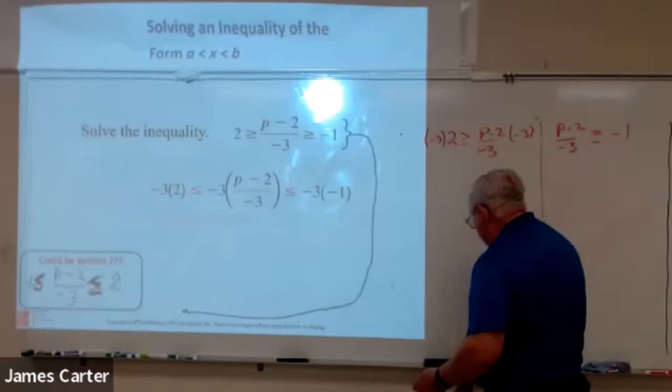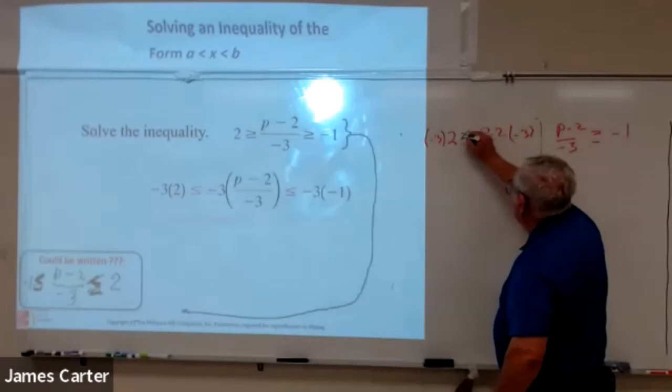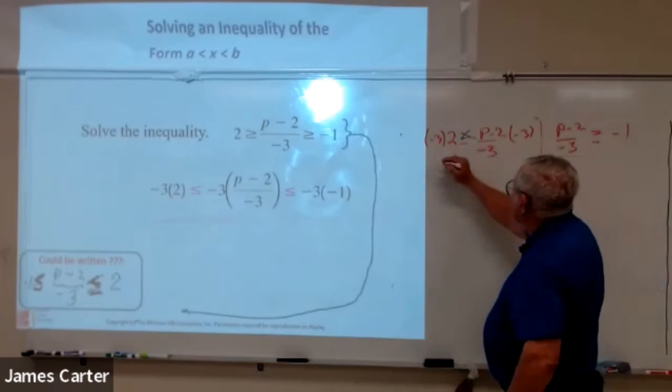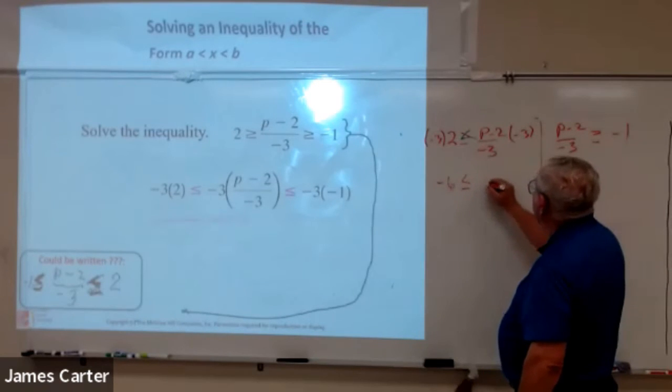And accordingly, I am going to flip the symbol. So this gives me -6 less than or equal to p minus 2.